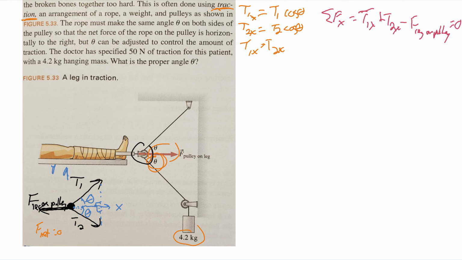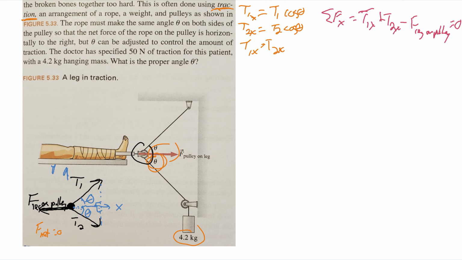Now, what do I know? I know that T1x is the same as T2x, right? How come you're adding them together? Yeah, that's just what I was about to ask. Why am I adding them together? Because if you move one to the other side, then it would be equal to negative 2x. They're both in the same direction. T1x is in the positive direction. T2x is in the positive direction.